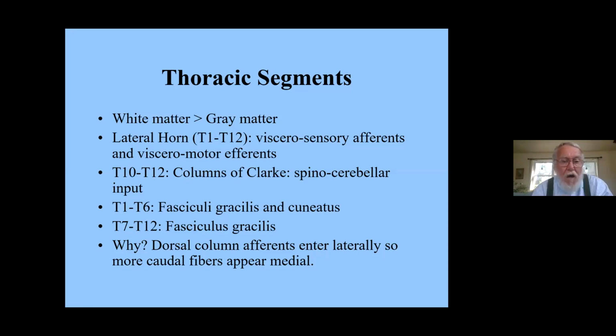Now, with 12 thoracic segments it's hard to differentiate, but we can differentiate the thoracic segments. All of them have the lateral horn, but the rostral six, T1 to T6, still have a fasciculus gracilis and cuneatus, whereas T7 to T12 only have a fasciculus gracilis.